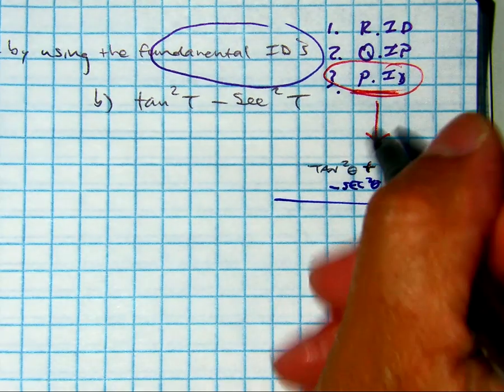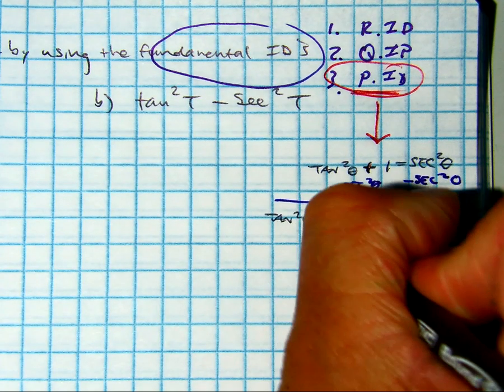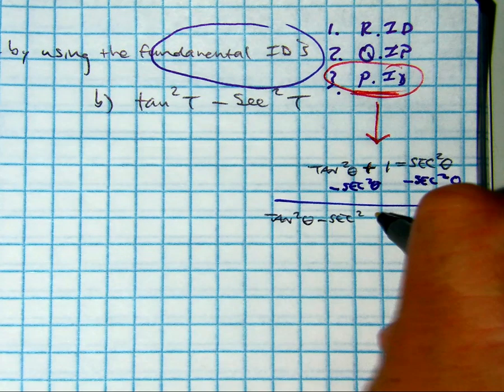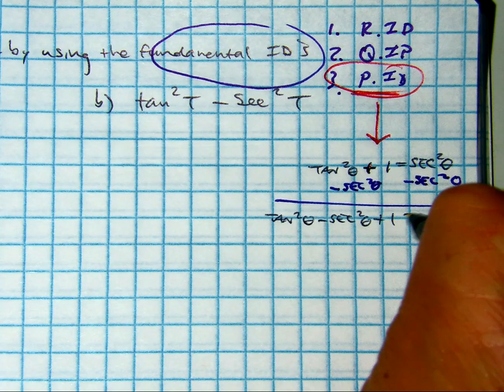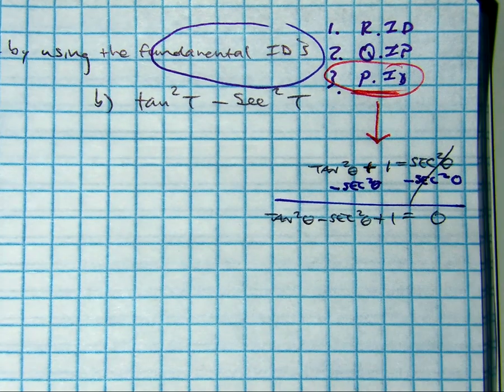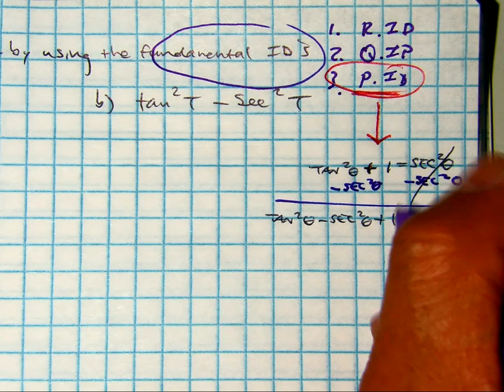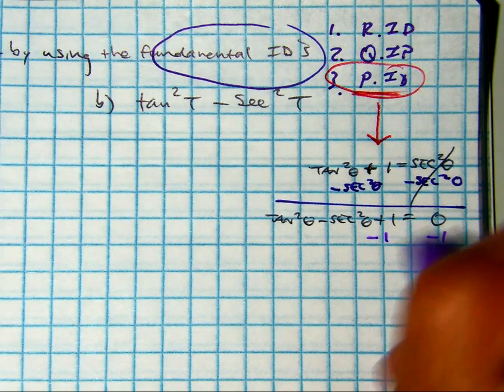This is going to give me tangent squared theta minus secant squared theta plus 1 equals 0. Are we there yet? What do I need to do? Subtract 1. What's left?